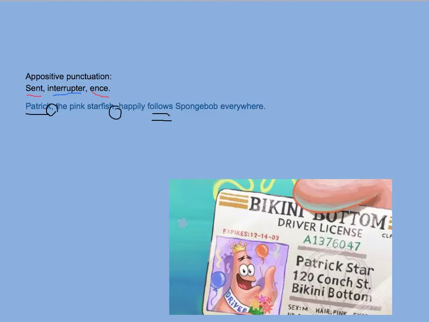So, by taking the appositive out of the sentence, really it should say Patrick happily follows SpongeBob everywhere. That would be the demonstration of why we need the commas, because it's interrupting the sentence.